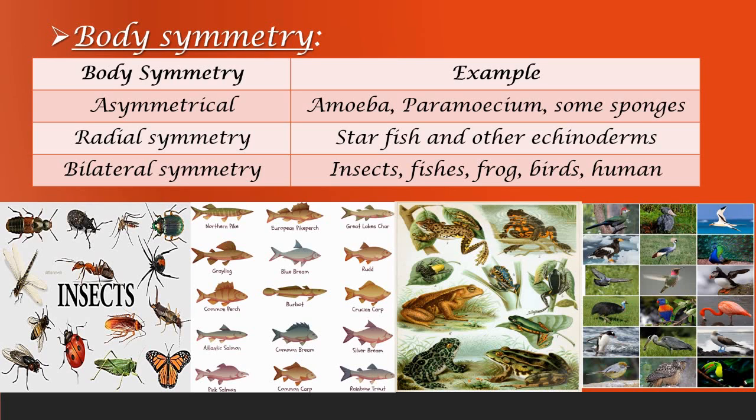Similarly, flatworms show tissue organ grade organization, in which tissues are organized to form some organs. And these flatworms are bilaterally symmetrical, that is, there is only one imaginary axis through which one can get two equal halves. So students, this was the difference between the grades of organization and the symmetry.